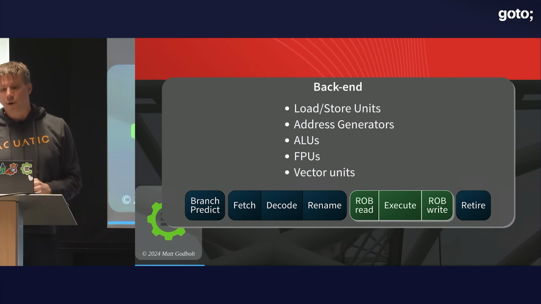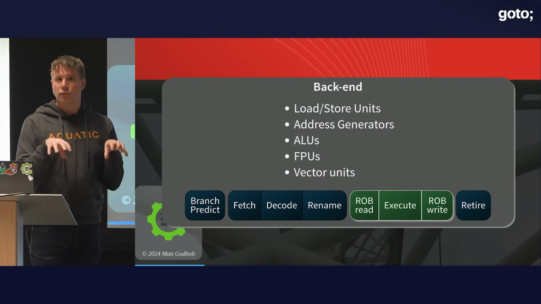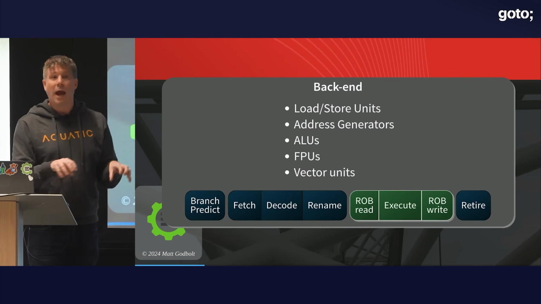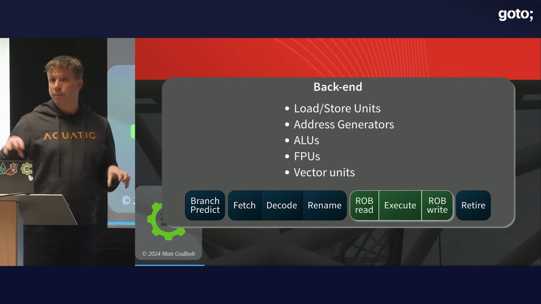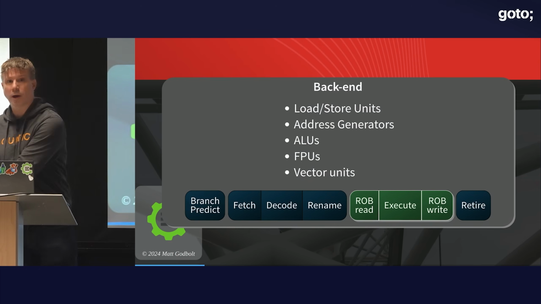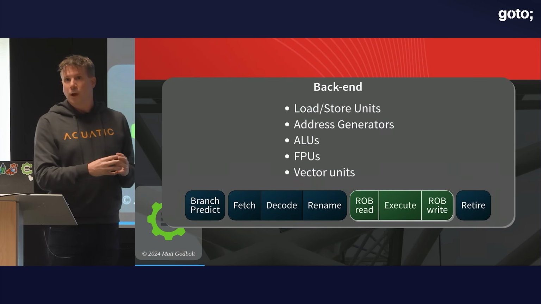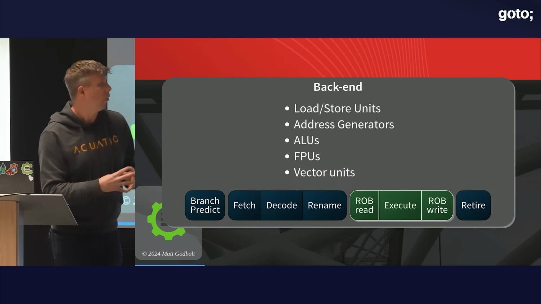And what the execution stage is doing is looking for instructions whose inputs are now known and then scheduling them to run on a particular part of the chip. So if this is a multiply and we know its inputs, we can start running the multiply. That may not be the next instruction that flowed through the pipeline because we're tracking whether or not it's ready to go or not.